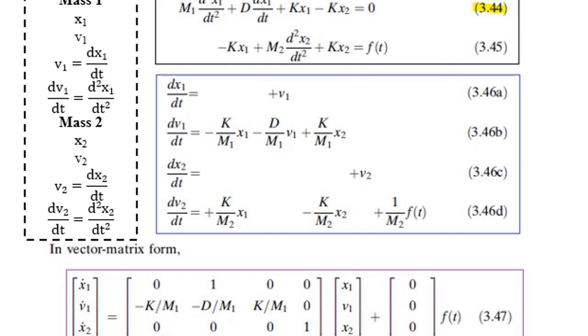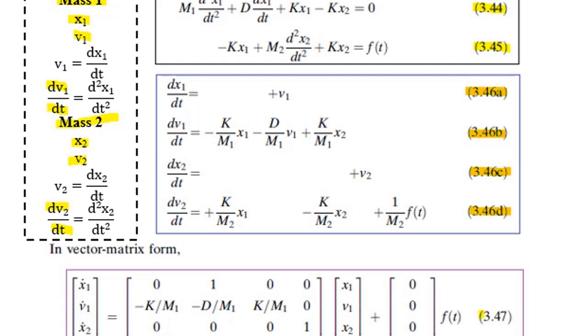Dear students, equations 3.44 and 3.45 define the equations of motion for this system. Now we will substitute state variables for both masses m1 and m2 and their differential relations into equations of motion 3.44 and 3.45, and with rearrangements we will get our desired state equations, which are 3.46a to 3.46d.